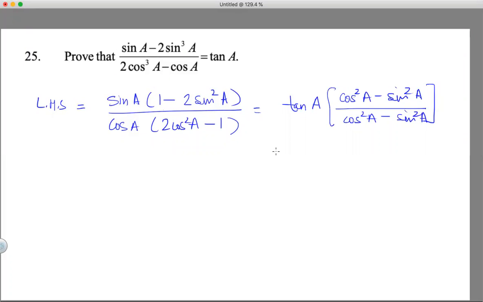So you cancel this out, you get tan A, which is equal to the right hand side. So a very straightforward question. The only trick in this, it's hardly a trick, is that they have tried to confuse the students by giving a power of 3. People will think, oh, how do I handle the power of 3? You just have to take a common.